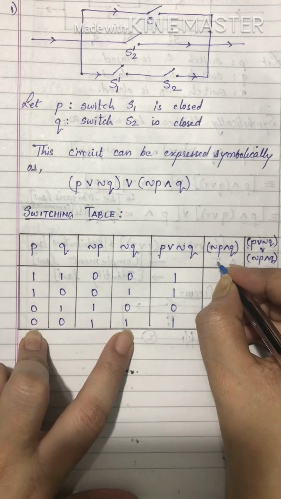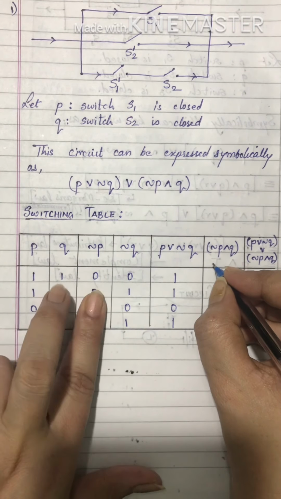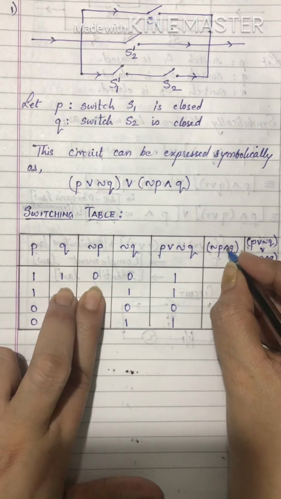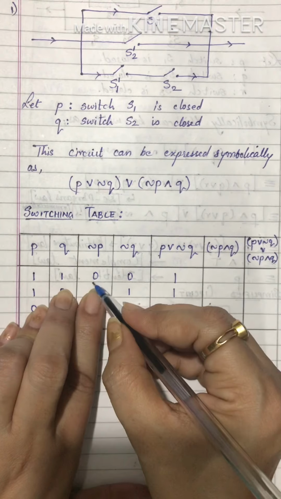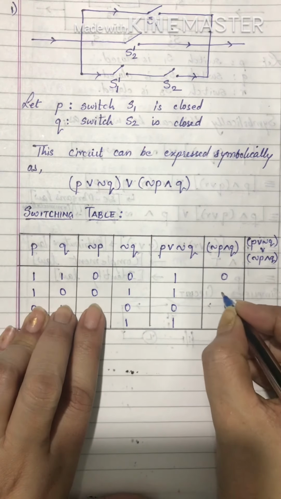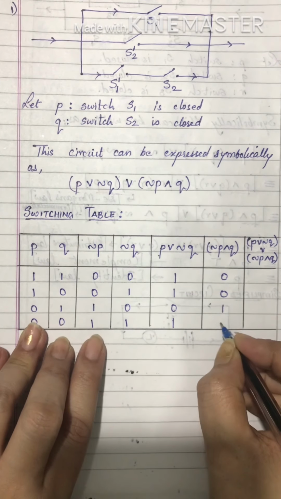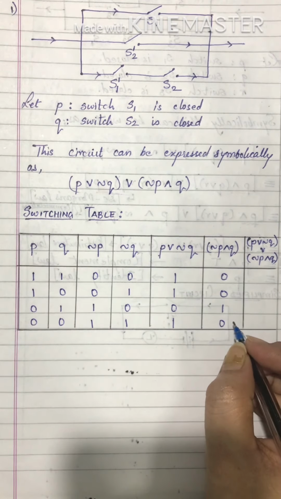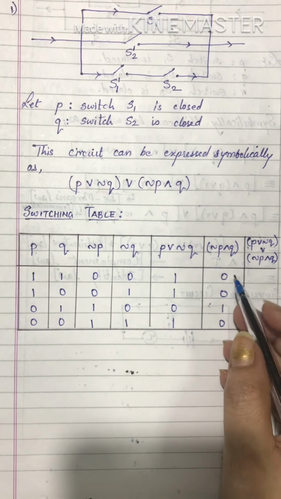Now here negation P and Q. And means we will make use of the multiplication operator. So 0 into 1 is 0, 0 into 0 is 0, and 1 into 1 is 1, and here 1 into 0 is 0. This is for negation P and Q.